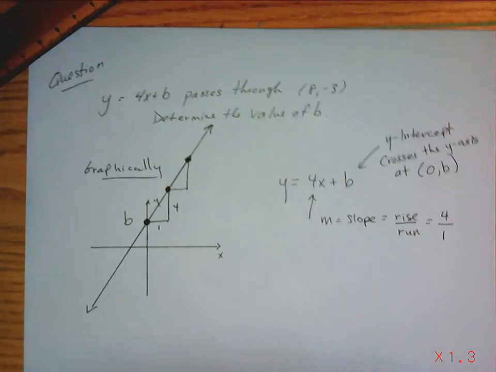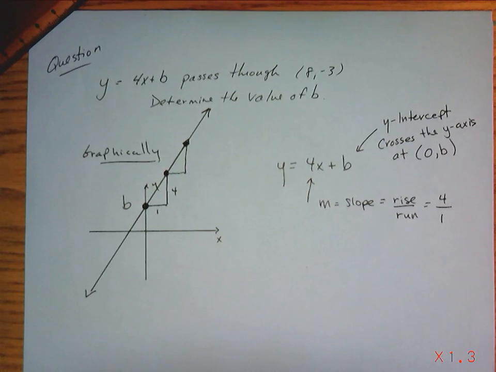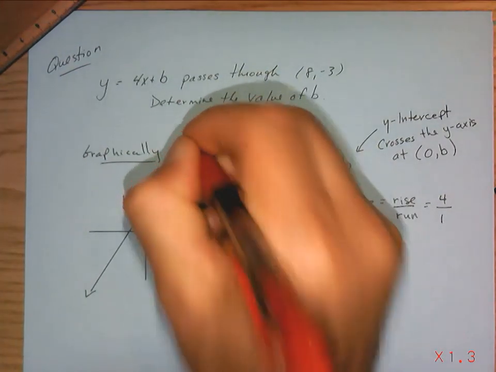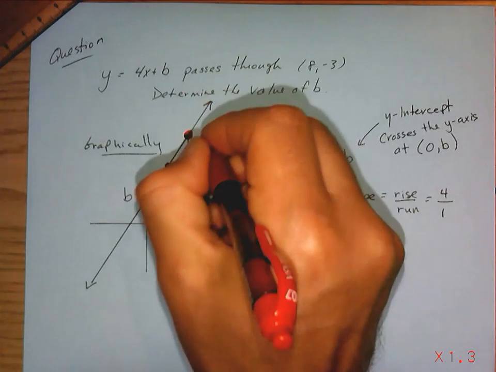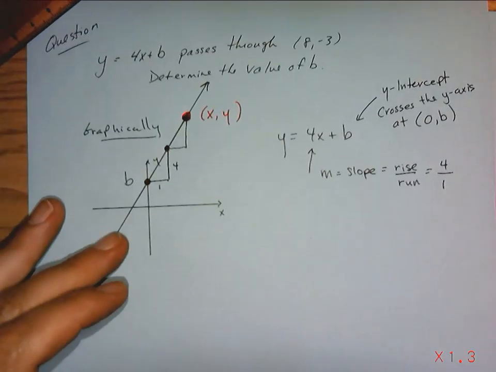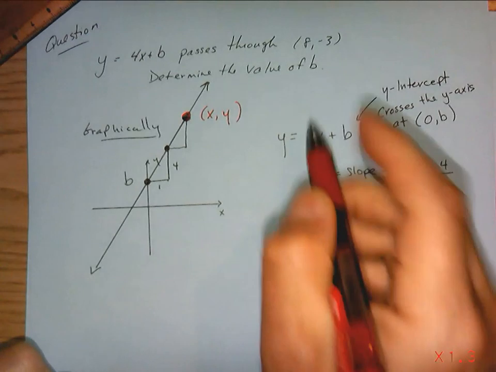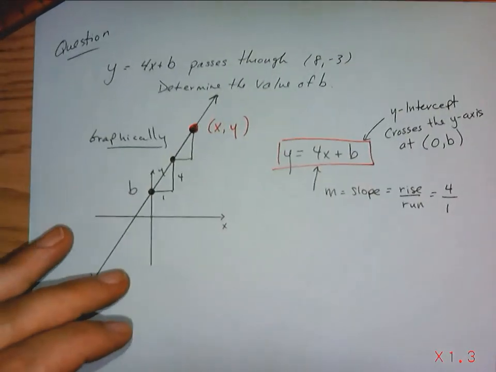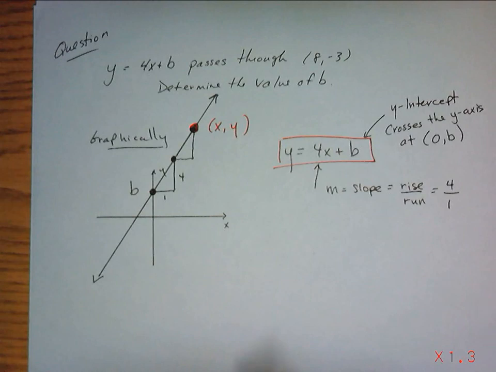Okay, now that's something that we all need to be aware of, and it comes from grade 9, and it's just what's happening graphically. Now, algebraically, if I tell you that you have a point on the line, that point there, and if I give you that point in terms of x comma y, that means that it has to satisfy this equation. In other words, when I did a table of values, I had to have come up with something that looked like this.